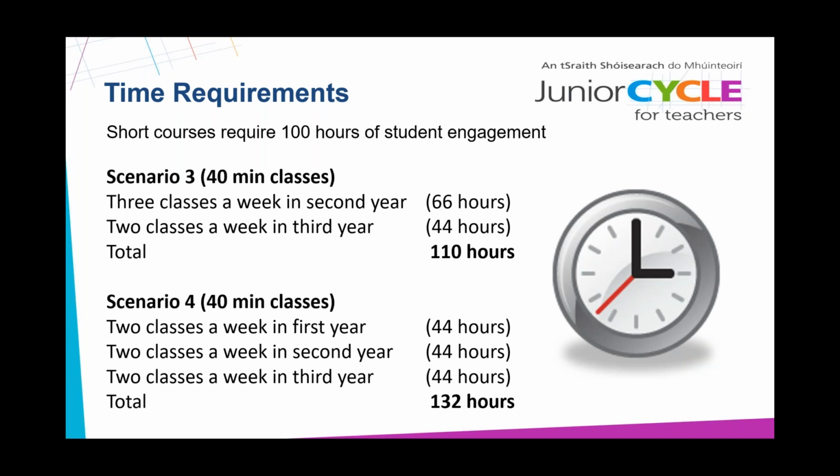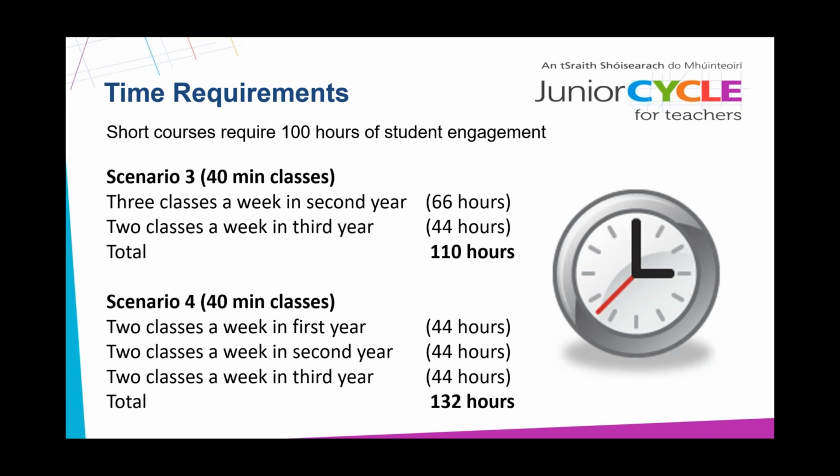Scenario 4 of 40-minute classes, 2 classes a week in first year, 2 classes a week in second year, and 2 classes a week in third year, adding to 132 hours. I always think this scenario really would be how, if our school decided to offer the short course in PE, this would be a very logical approach, because we need to offer for PE 135 hours.